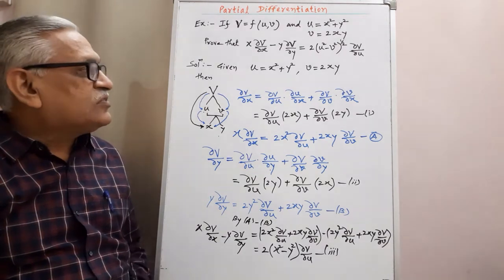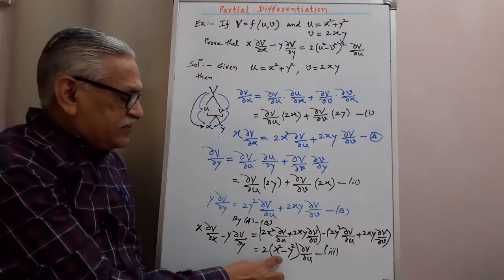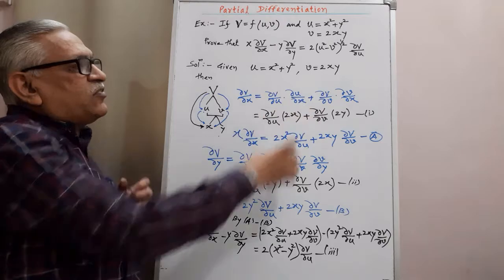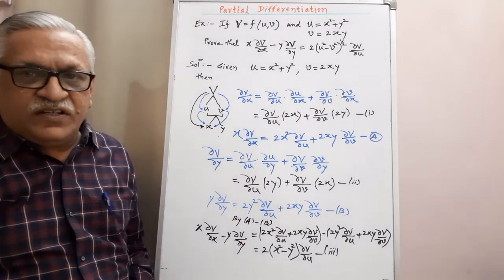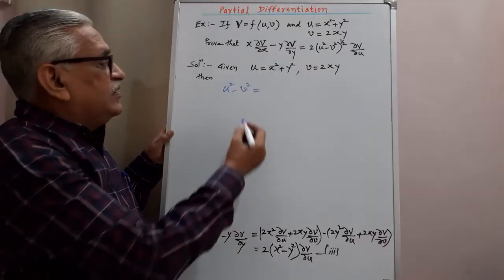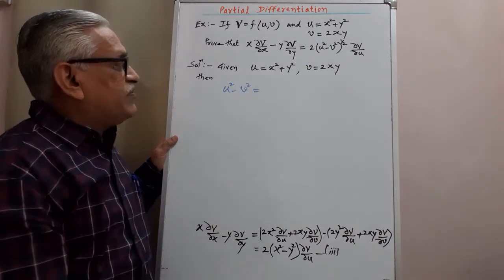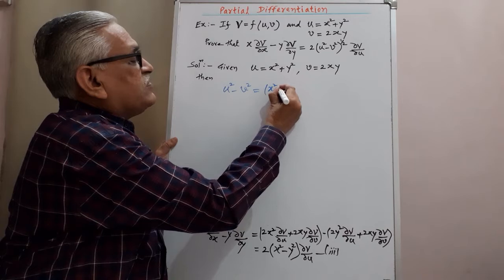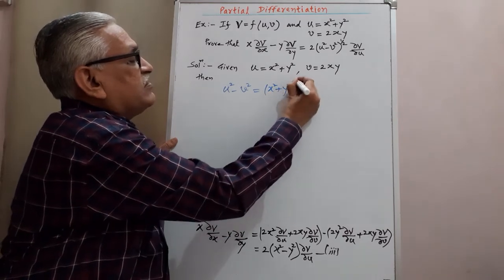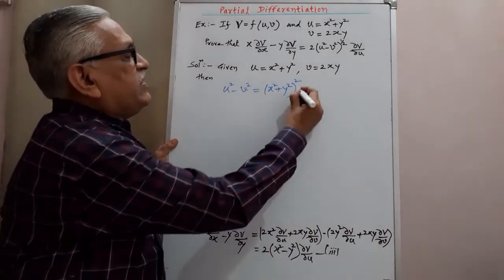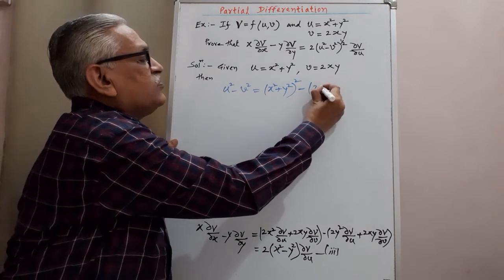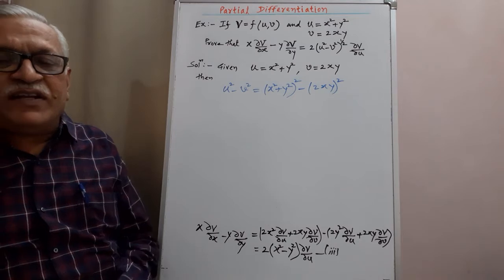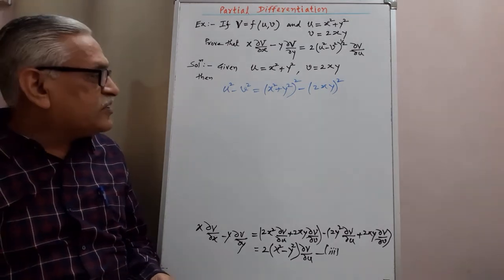So to convert this, we perform the calculation of u² minus v² separately. u is x² plus y², and its square, minus v² means (2xy) squared, and then expanding that by the (a plus b) whole square.